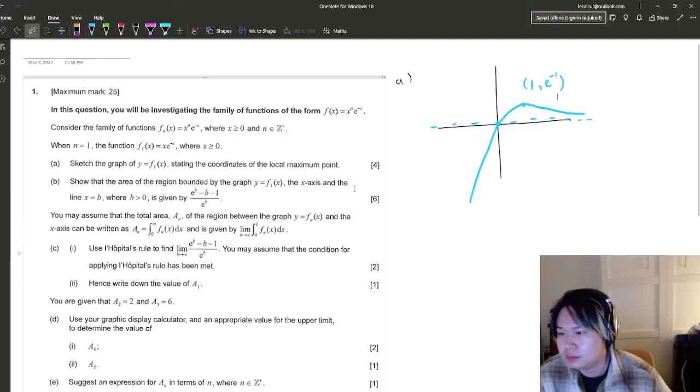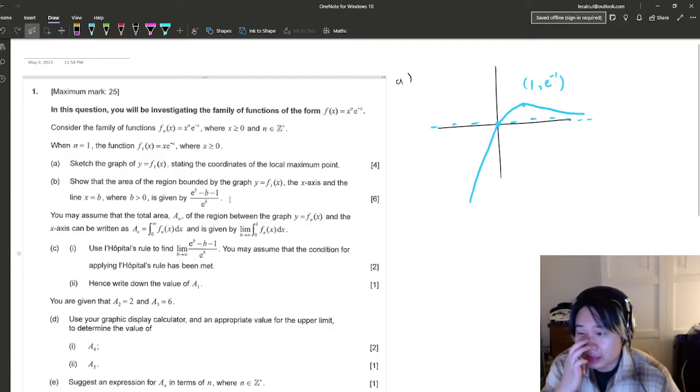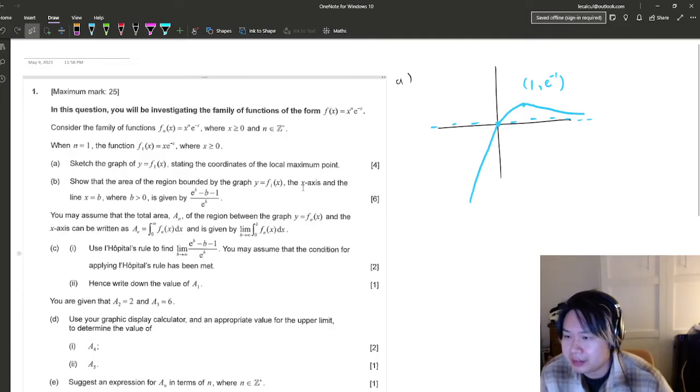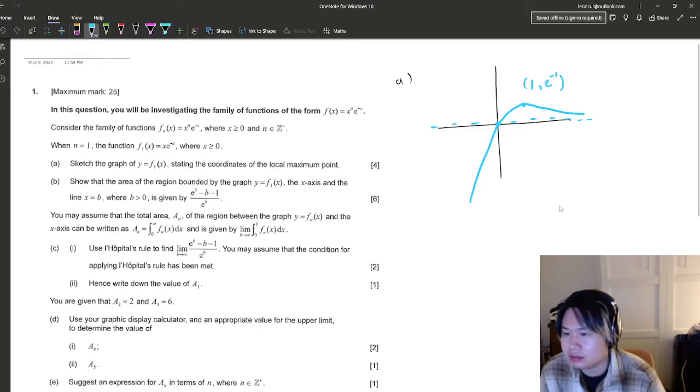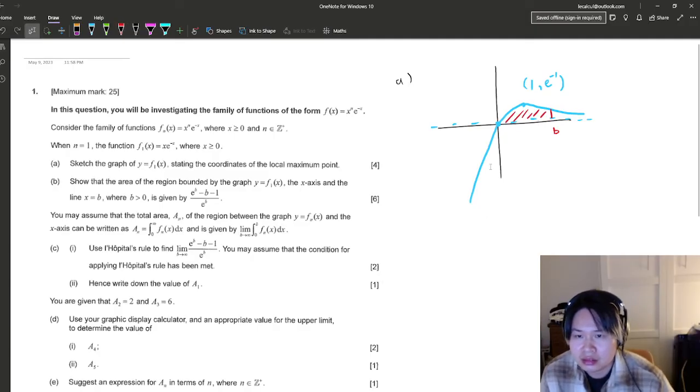Okay, nice. Then we need to show that the area bounded by the graph, the x-axis and the line x equals b is given by this thing. So b is going to be here somewhere. Hold on, only looking at positive x's.